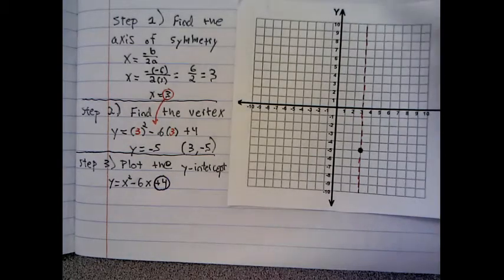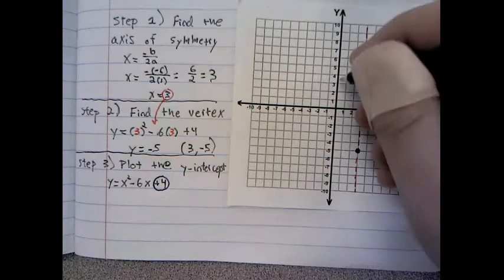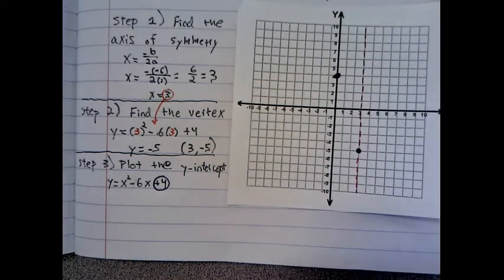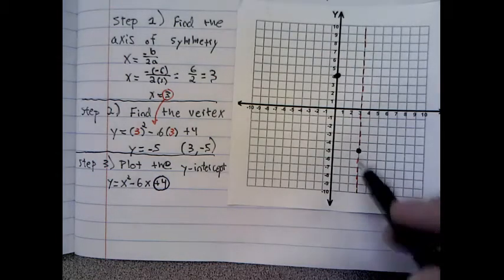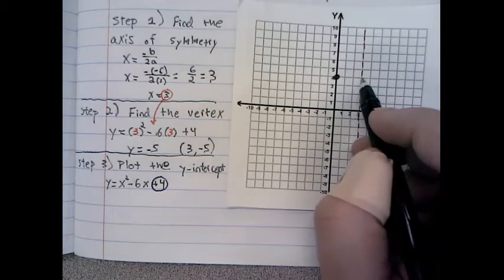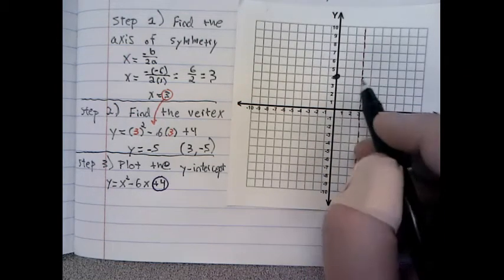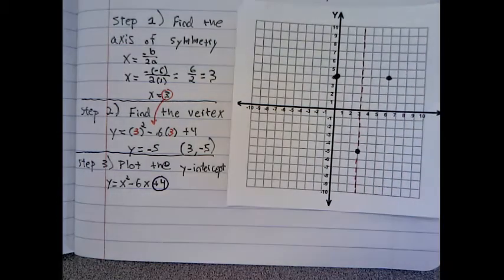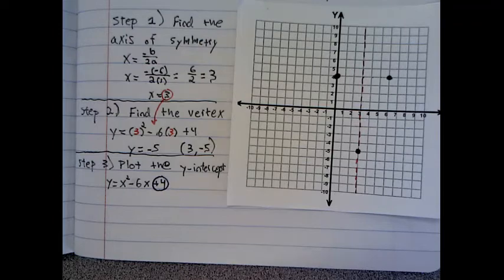So I know that my function crosses at 4. So it's right here. I also know that because it's symmetrical along this line, if this is 3 away from my axis of symmetry to the left, it's also 3 away to the right. So now I have 3 points.